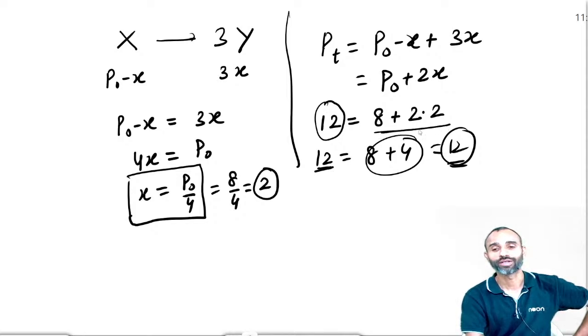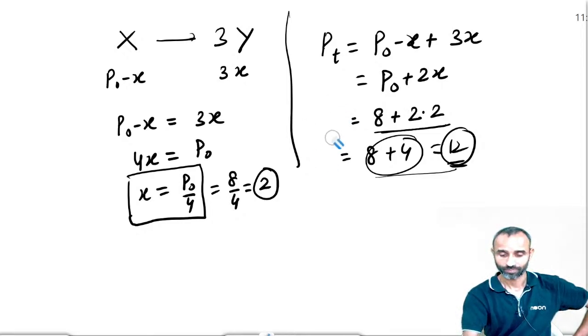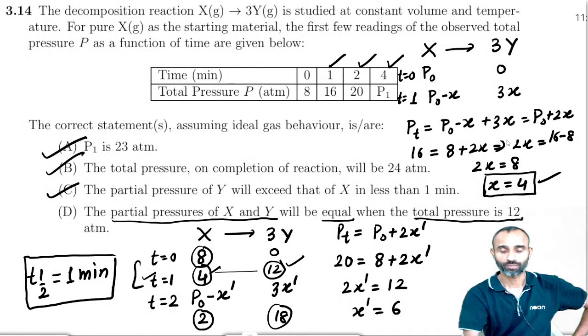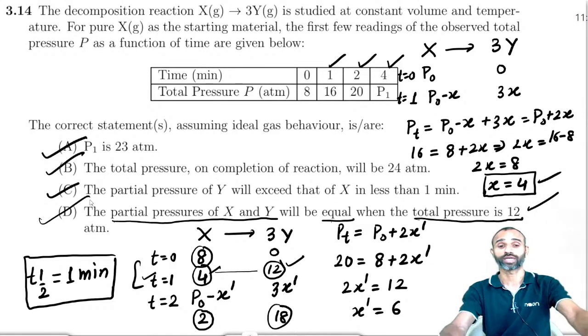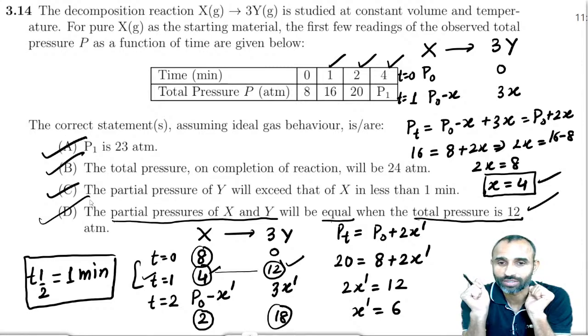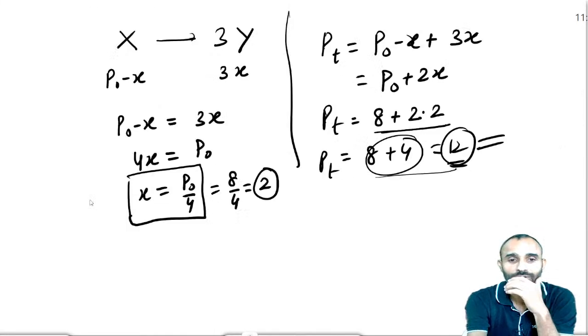Left side and right side are equal. Total pressure comes out to be 12. We have calculated that P total is equal to 12. That means partial pressures of X and Y are equal when total pressure is 12. All the 4 options are correct. Correct statements are A, B, C, D. All the statements are correct.